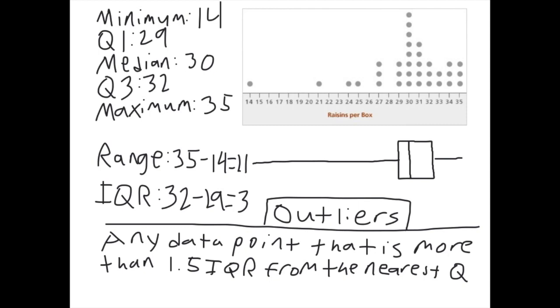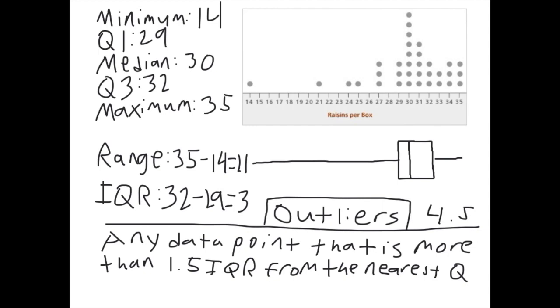So first, 1.5 times IQR is 4.5. Put that right here. So anything more than 4.5 from the nearest quartile. So on the right end, the nearest quartile is 32, and 4.5 more than that would be off the graph. So no outliers on the right side.